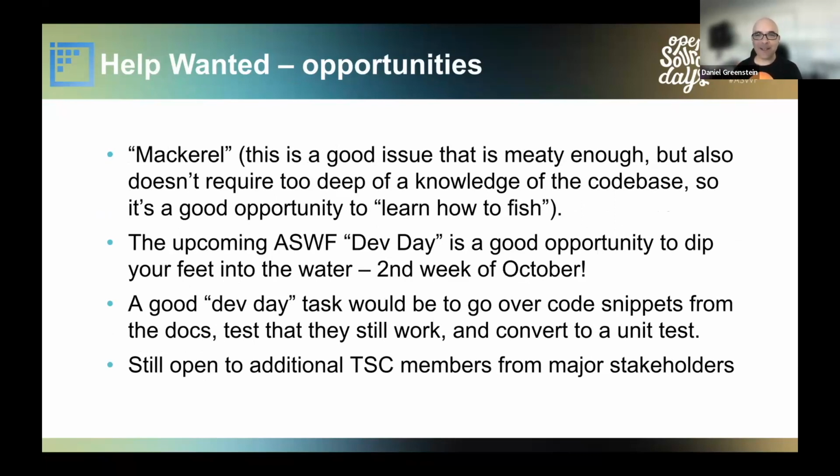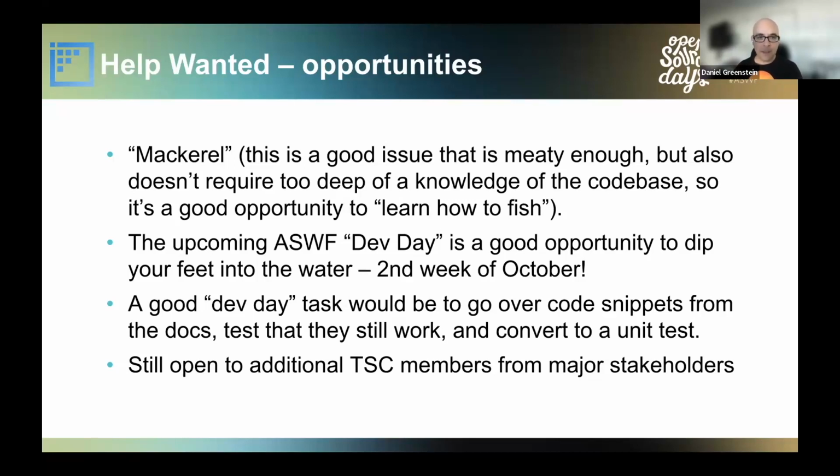The idea is that it's the name of a fish, and it's a good issue to learn how to fish. So it's got some meat on its bones, meaning that you're going to be required to do some digging, but it doesn't require you to go too deep into the belly of the beast.